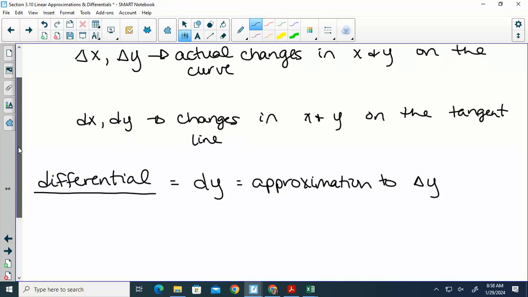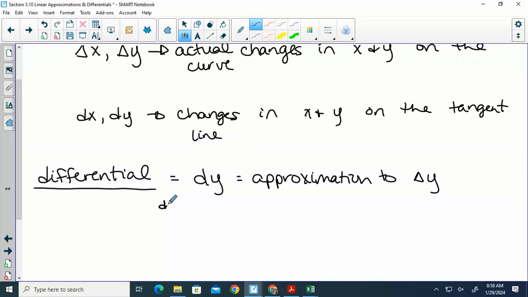Now keep in mind, when I say dy dx, that is the same thing as the derivative, right? So to approximate that change in y, we will just do the derivative times dx.